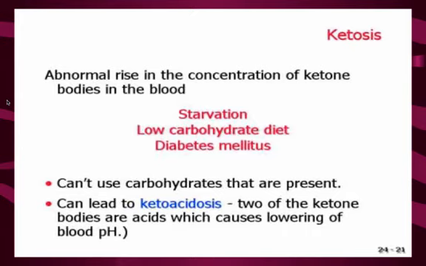Now, one of the issues here is it can lead to ketoacidosis, which means dropping of the blood pH. So your body has buffering systems that are basically resisting changes in blood pH. Most of the time, they're not overwhelmed, and you can maintain your blood pH within 7.35 to 7.45. In some conditions, though, ketoacidosis overwhelms the buffering systems, and it can be harmful, including lethal.